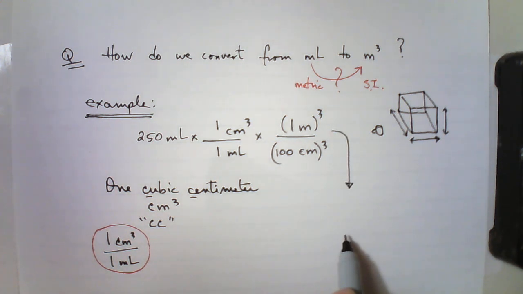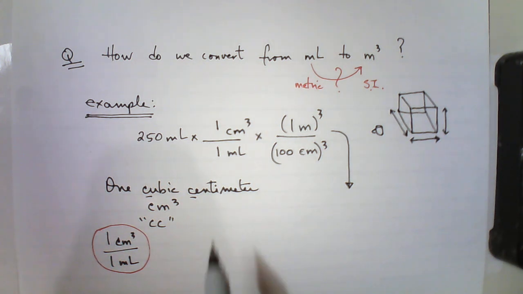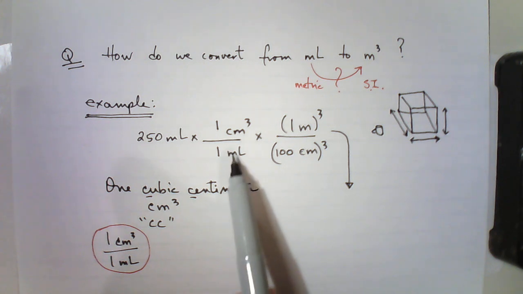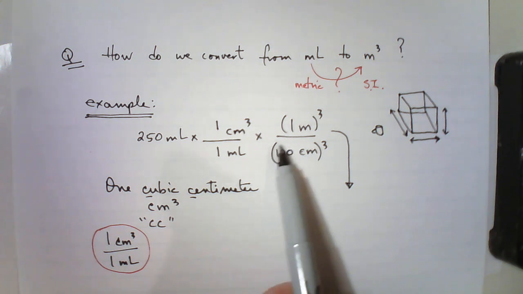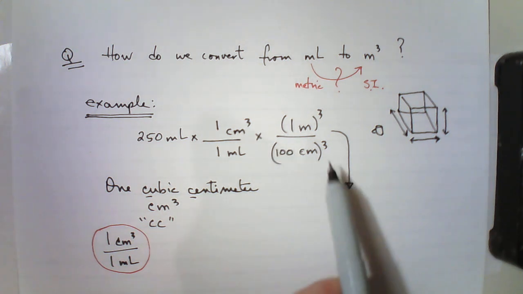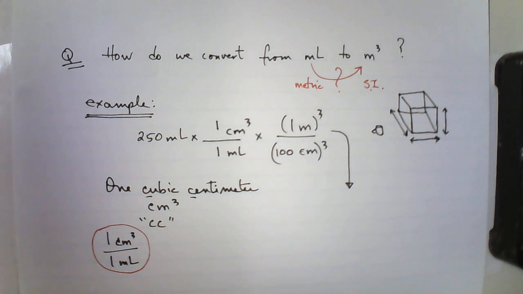And so I haven't left myself enough room here. So the answer is, and let me just show you how the units are canceling. Mils go out with mils, cubic centimeters go out with cubic centimeters, but remember, when you cross that 3 out, not to forget that it also applied to the 100. And the thing I'm left with is cubic meters. And so the answer is really 250 over 10 to the 6.